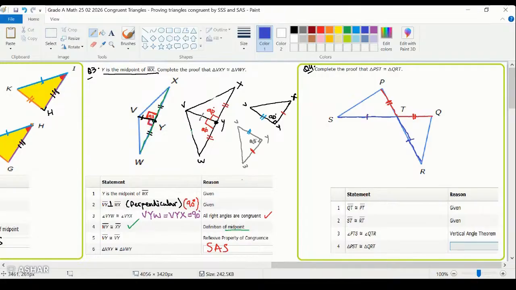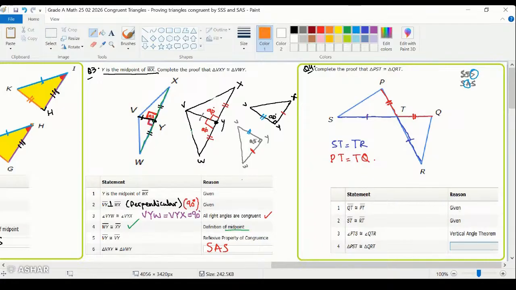So we can say the length of ST is equal to the length of TR, and we can say the length of PT is equal to the length of TQ. That means in side angle side and side side side, we have two options, right? They both have two sides. Let's see if the third information is a side or an angle.